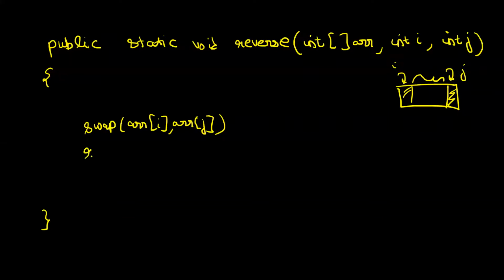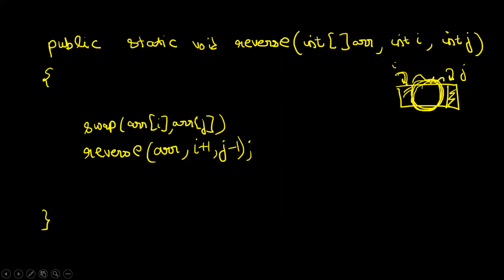So let us call the reverse function and ask, hey reverse, can you reverse array ARR starting from index I plus 1 till index j minus 1? You expect that this function works magically and reverses this part of the array. This part is reversed and you have swapped I and j contents, so the entire array from index I till index j is reversed, right?